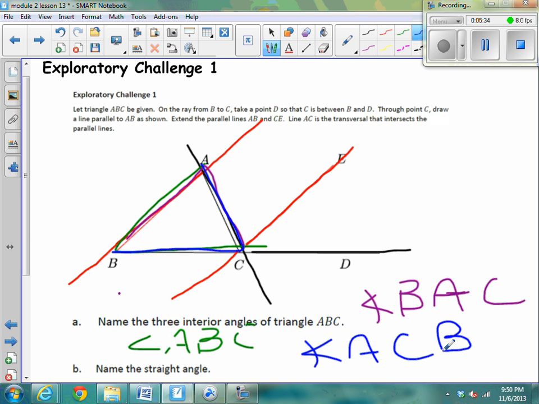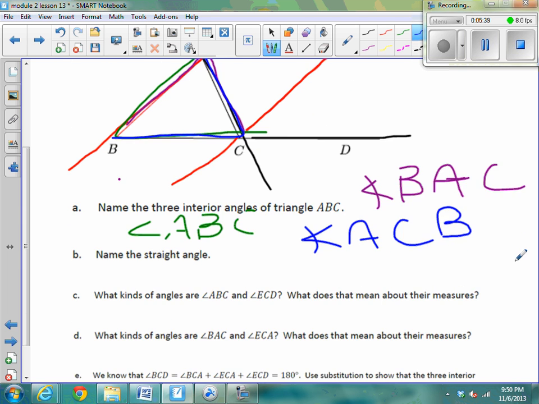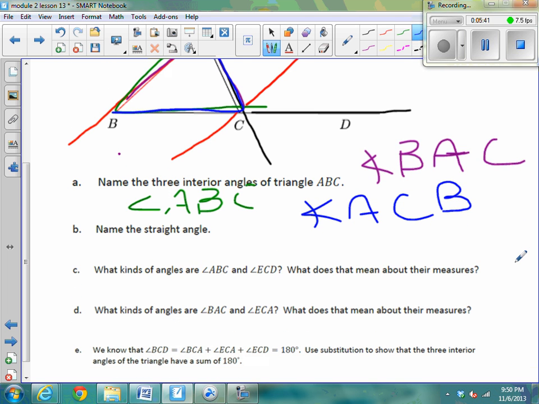And the straight angle, you should notice, is angle BCD.